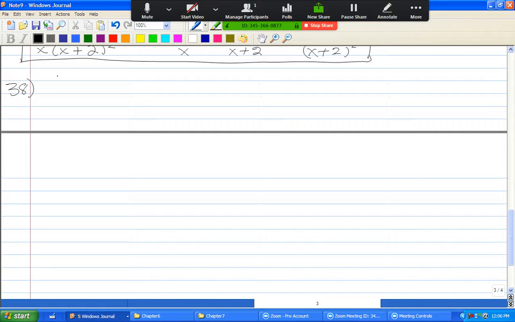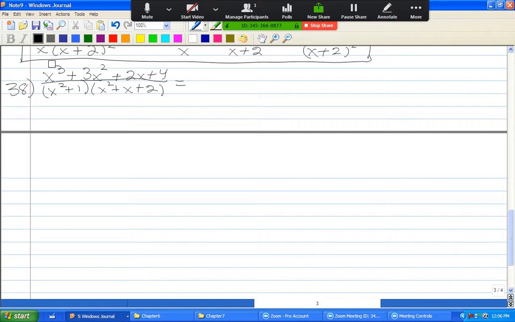Which is x cubed plus 3x squared plus 2x plus 4 over x squared plus 1, x squared plus x plus 2. So first off, I notice that the degree of the numerator is 3, degree of the denominator is 4.